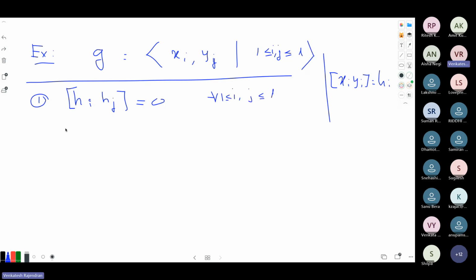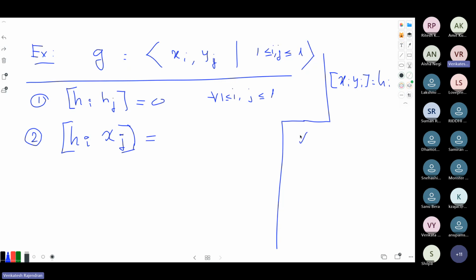And the second relation is that you take h_i and apply it on x_j. So let me just use the simple roots to write down the relations. Again, one can just use the Cartan matrix.